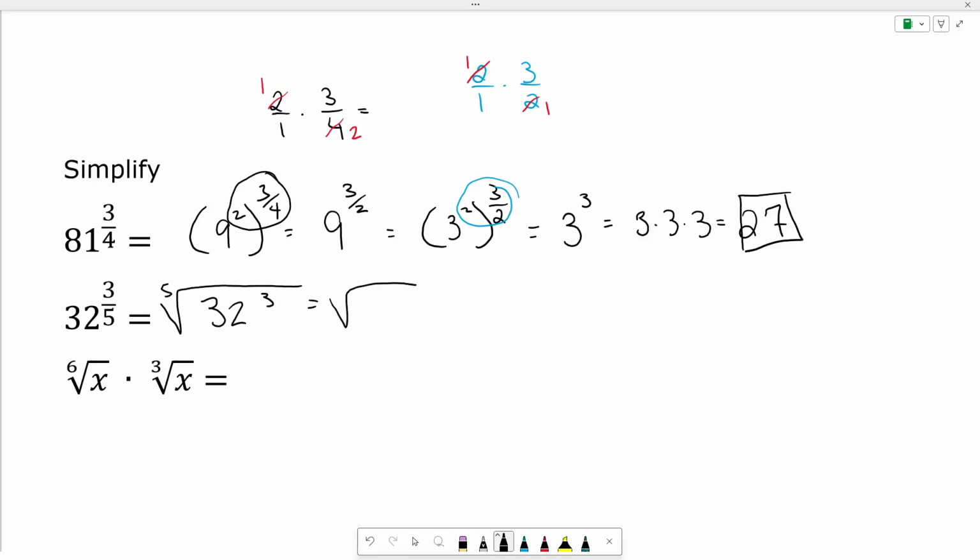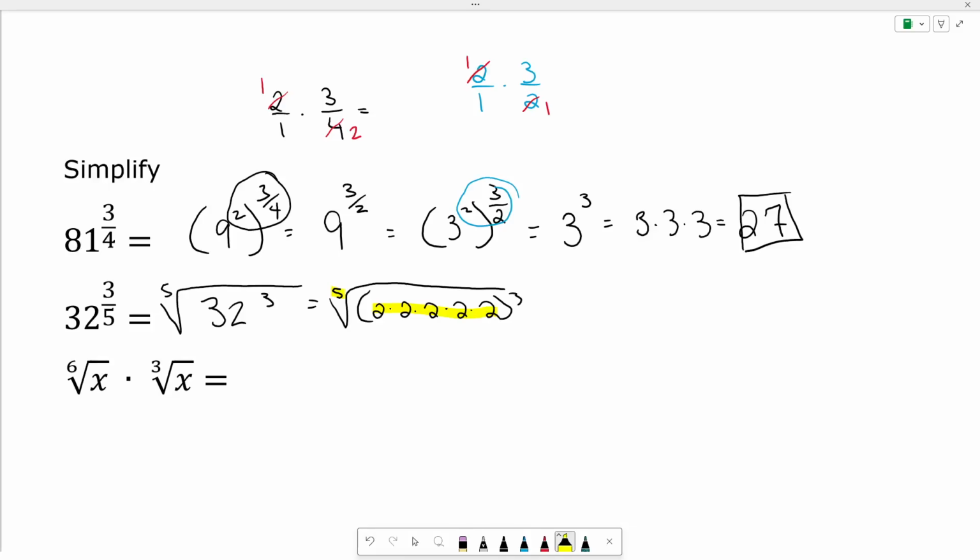Which then becomes the 5th root of 2 times 2 times 2 times 2 times 2 raised to the 3rd power. Well, if I have 5 of these here and a 5th root, those two things are the inverse of each other.